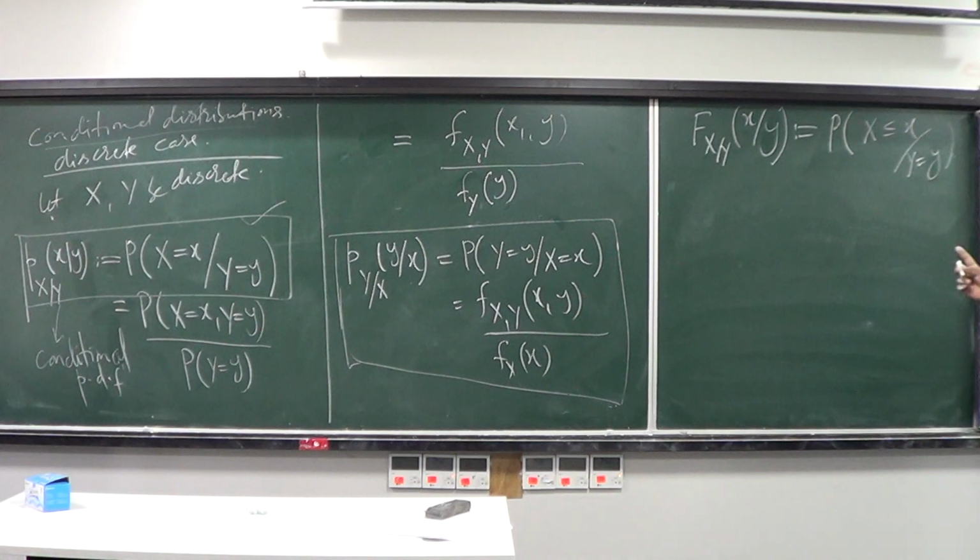Now we know that X is a discrete random variable, so it takes a discrete set of values.